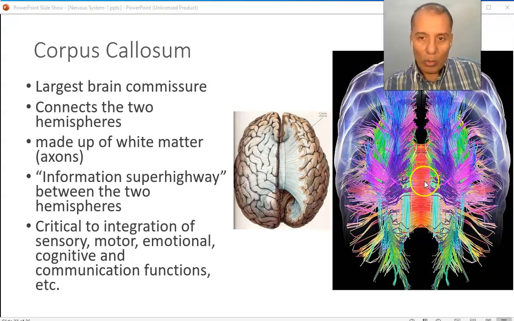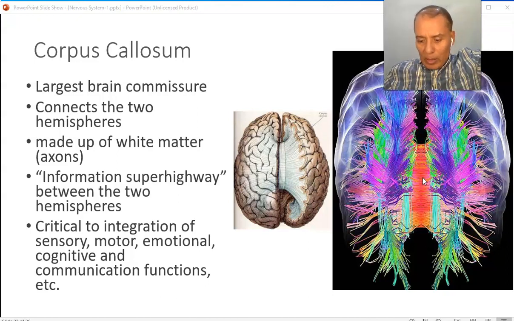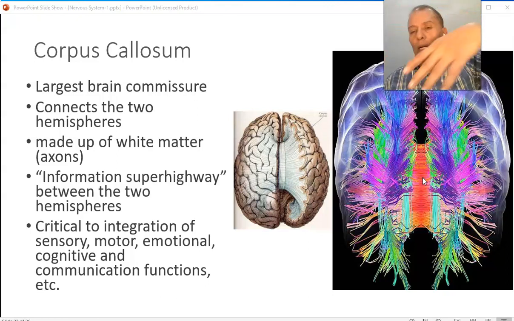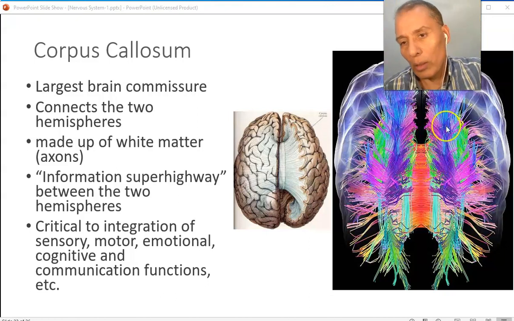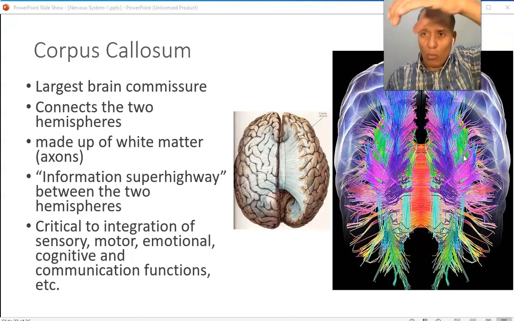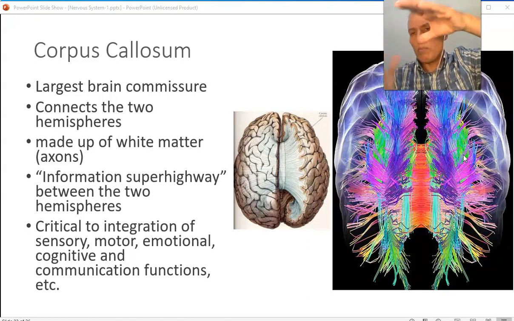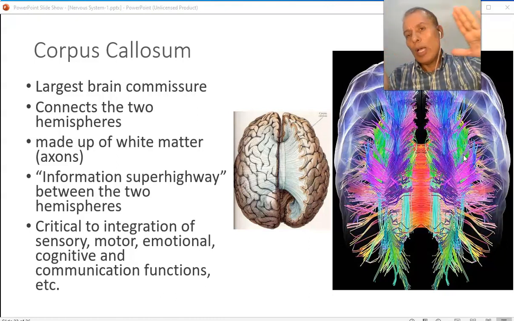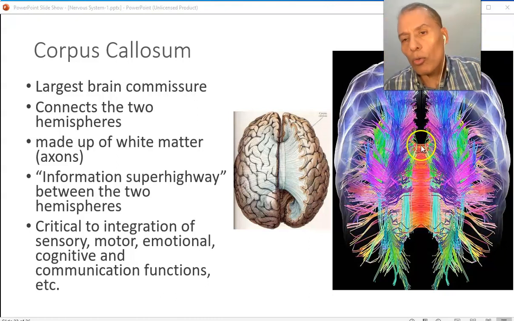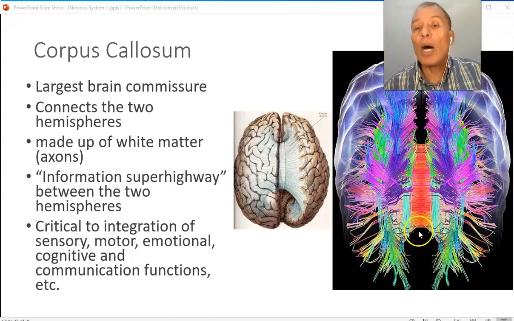The corpus callosum is a structure where all these pathways and networks that come from one hemisphere are bundled into a big cable, and that cable is connected with the other side. So that is your biggest highway.